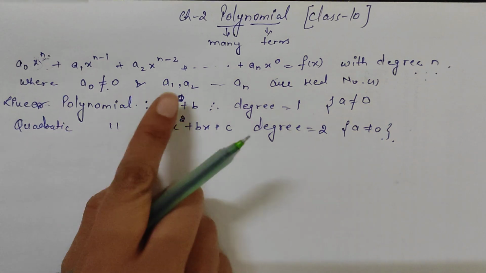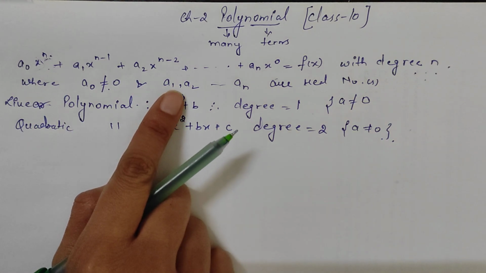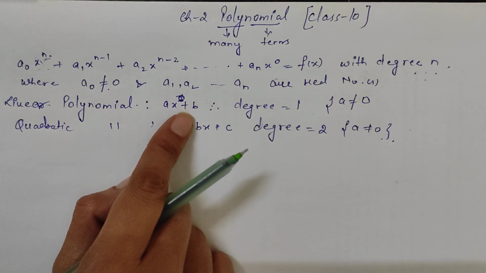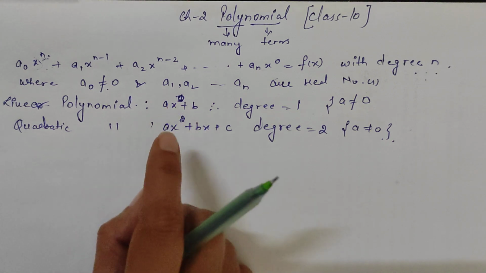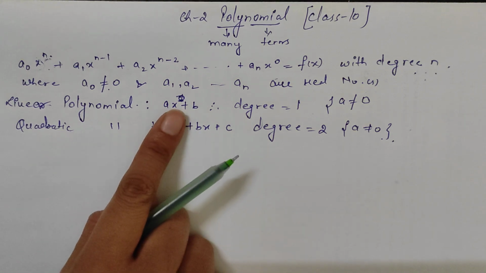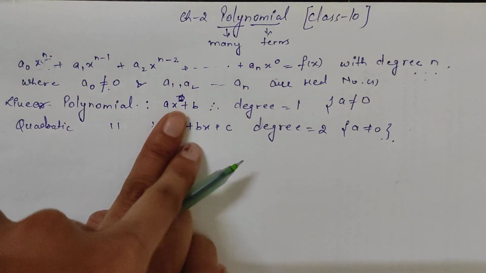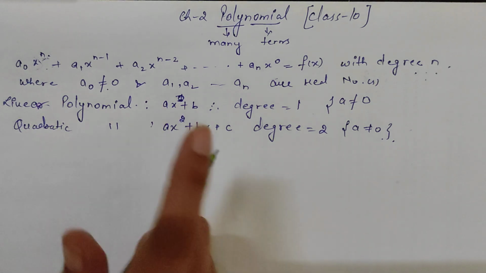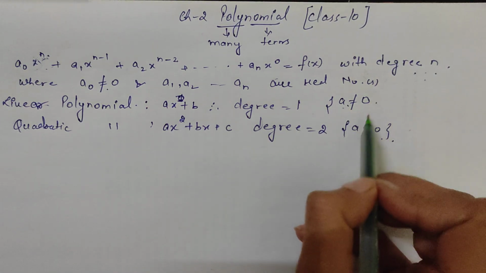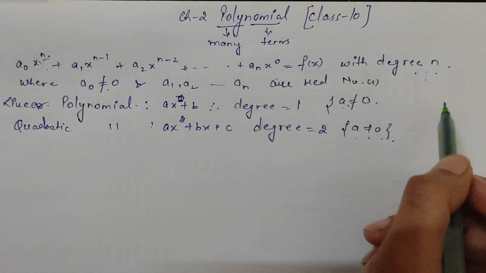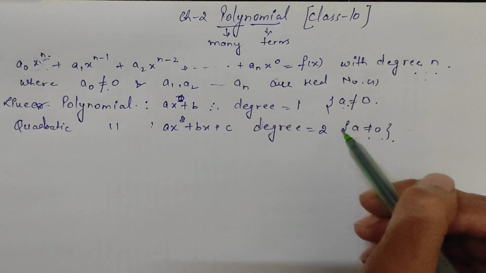If this term becomes 0, then what is left is only b, which is a constant, or a 0 degree polynomial. And if a is 0 in the linear case, then what is left is a constant. That's why we put the condition a not equal to 0 in each and every polynomial whenever we are talking in general form.